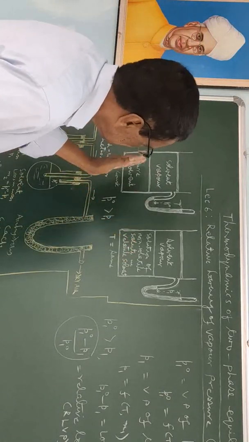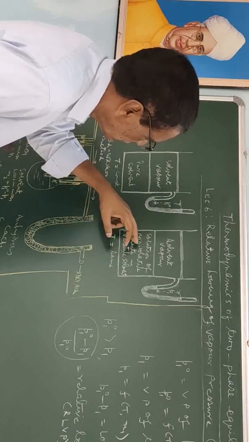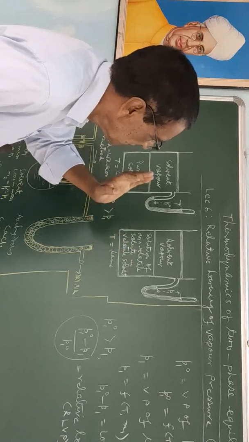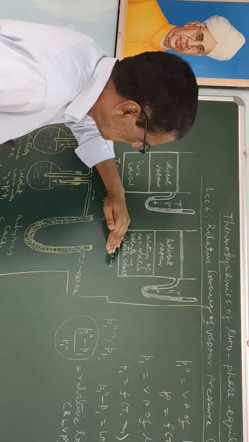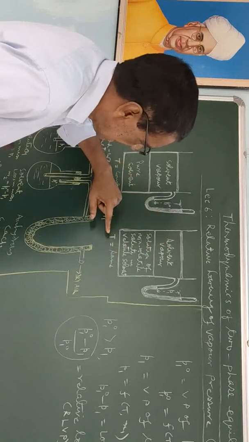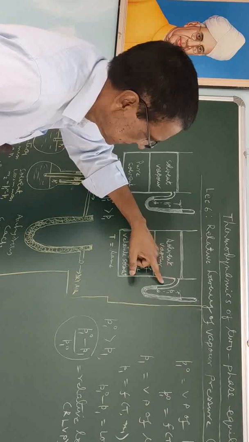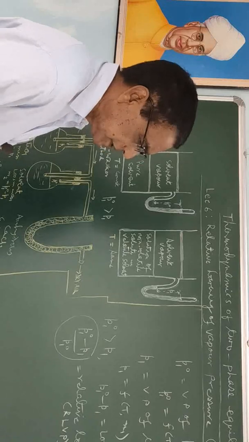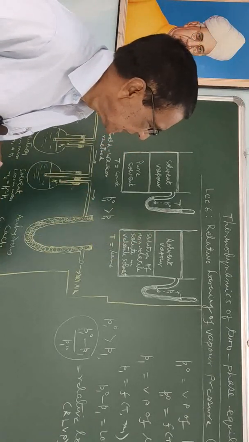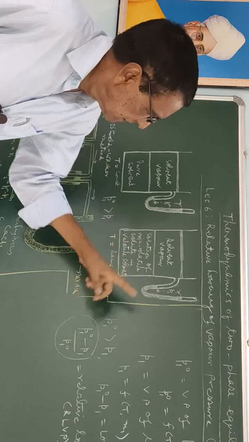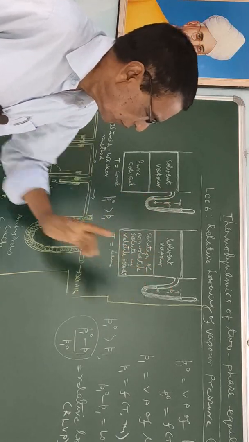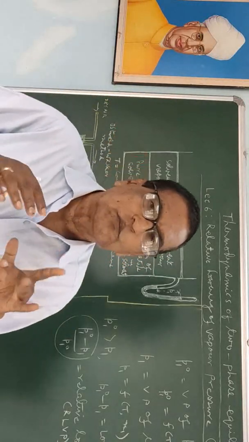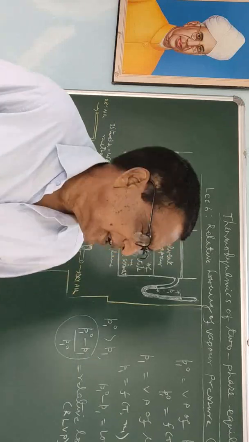Similarly here, in the same fashion, at the same temperature, a solution has been taken, and the solute is a non-volatile solute in a volatile solvent. Here the solvent will vaporize at this temperature and create a vapor pressure which is recorded by means of a manometer as P1, and experimentally it is seen that P1 naught is greater than P1, meaning that there is a lowering of vapor pressure of the solvent when some non-volatile solute is added to this volatile solvent.